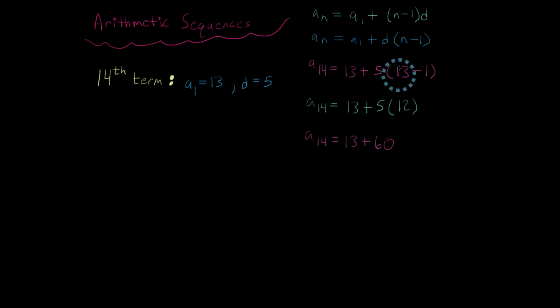I substituted 13 in for n, but n represents the value for my term, the nth term. So n should be 14, not 13 here. So that's an easy fix. I'm not too concerned about that. I'm just going to wrap around that information where I made my mistake. I'm not going to rewrite everything that we worked through, and I'm just going to fix up that part of the equation there.